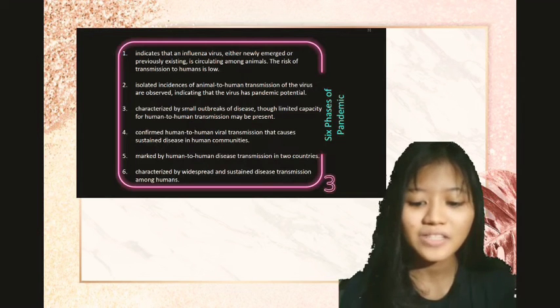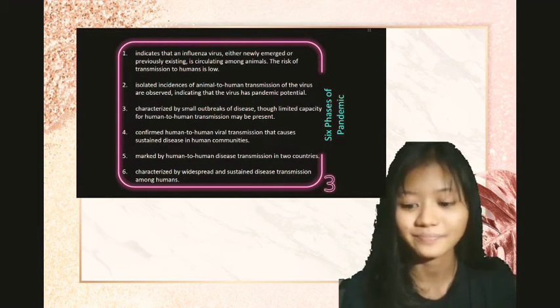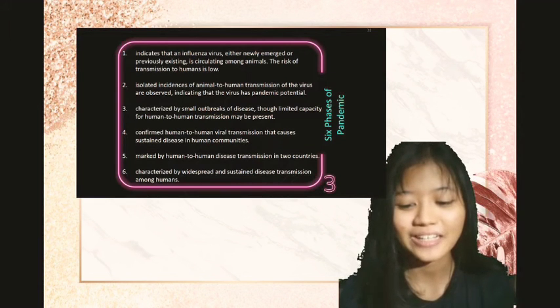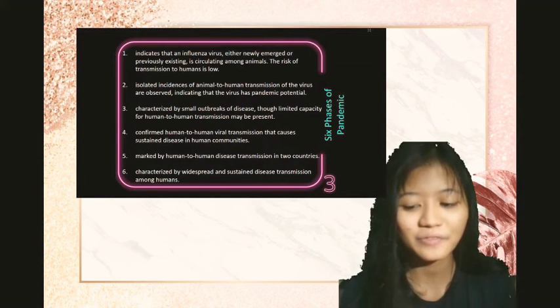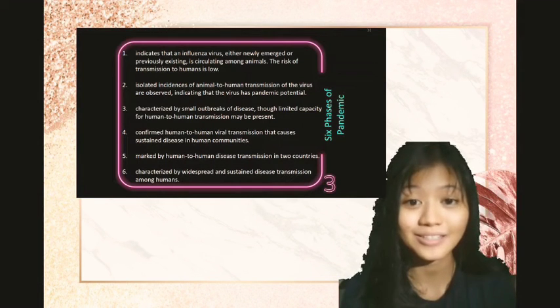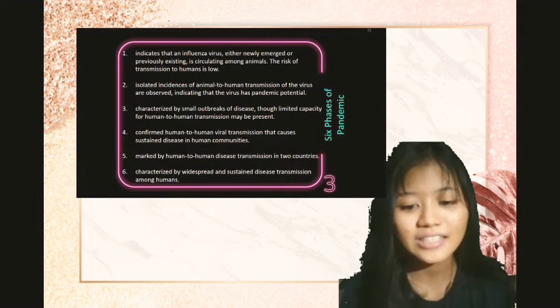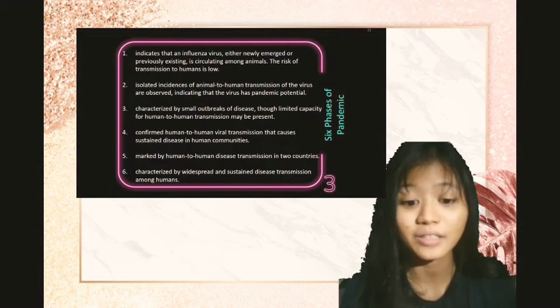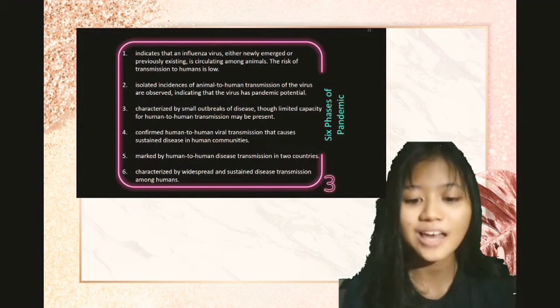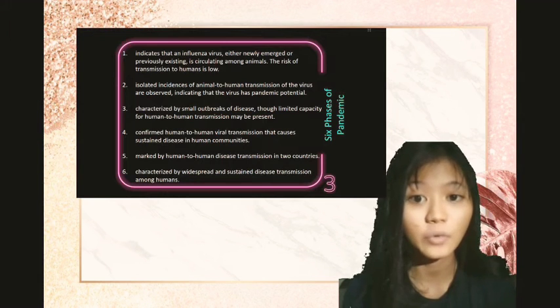Limited capacity for human to human transmission may be present. Phase 4. Confirmed human to human viral transmission that causes sustained disease in human communities. At this stage, containment of the virus is not necessarily inevitable. The implementation of control methods to prevent further viral spread is emphasized in affected parts of the world.